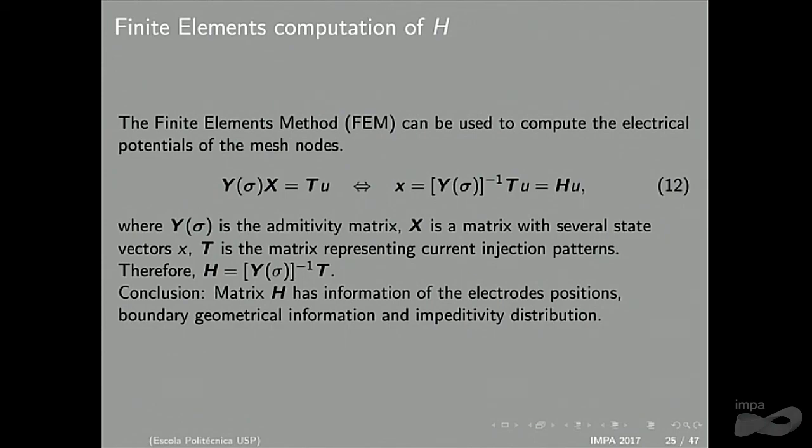So H matrix is easy for us, and we have just perceived that H matrix can be used as controllability matrix. We will use H matrix as the controllability matrix. It has all the information of the electrode positioning, the boundary geometrical information, and the impeditivity distribution.